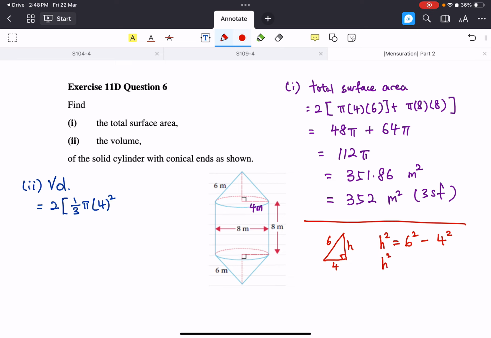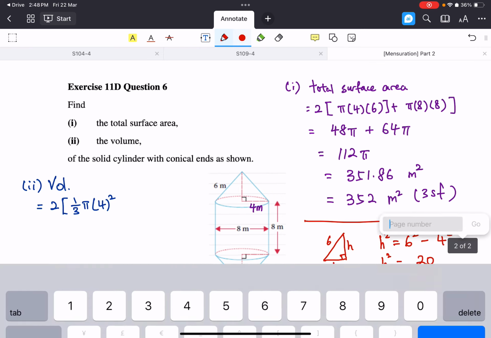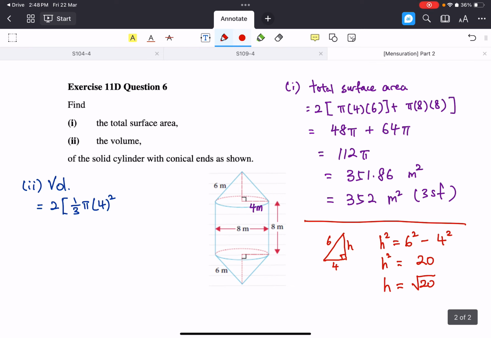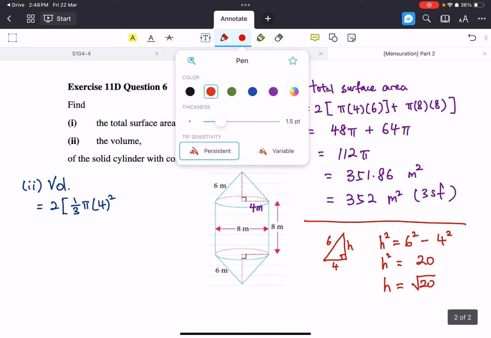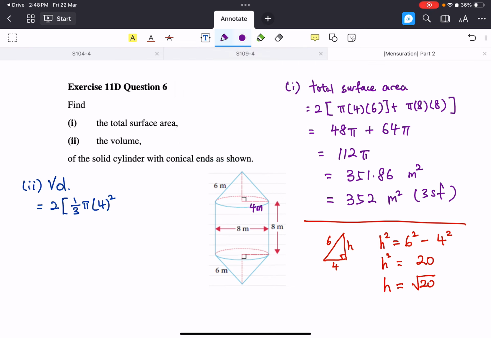So h squared is equal to 36 minus 16, which is 20. Therefore, my height is actually the square root of 20, right? Okay, so I'm going to plug it into 1/3 pi r squared h. So square root of 20 over here.